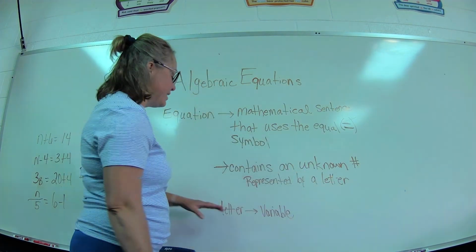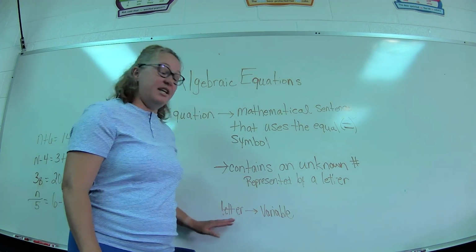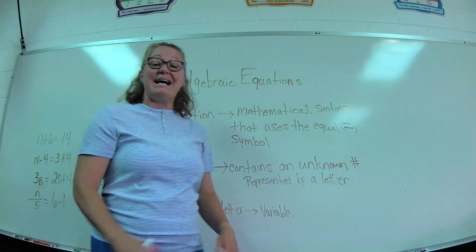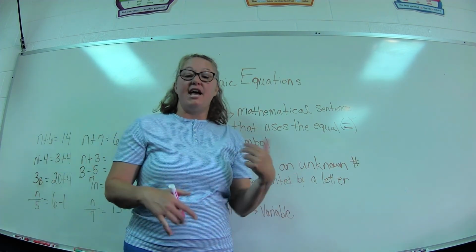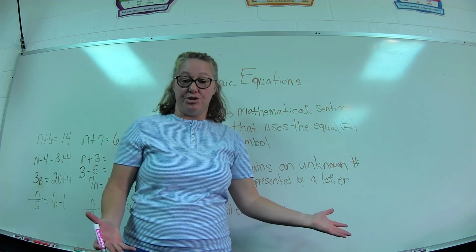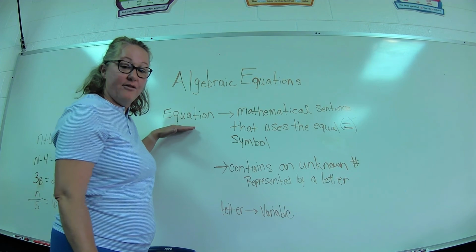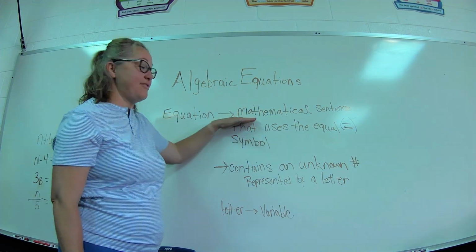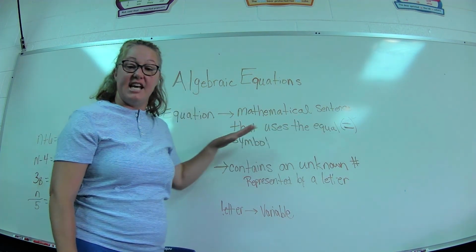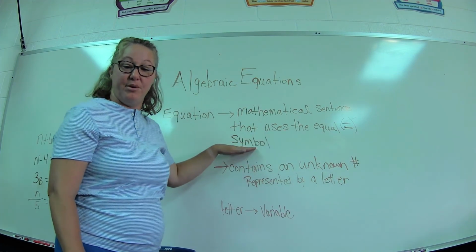All right. So what is the letter? We call the letter a variable because it varies in the amount that it's equal to. So we have an algebraic equation. We have the word equation, a mathematical sentence that uses the equal symbol.